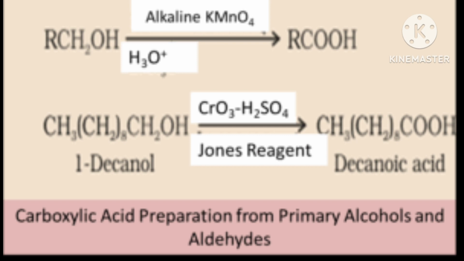Then the H of CHO will go as H plus. It will attach to the O minus, which has taken the electron. That becomes OH. Now there are two positive charges on the carbon. To neutralize this positive charge, one oxygen will attach.